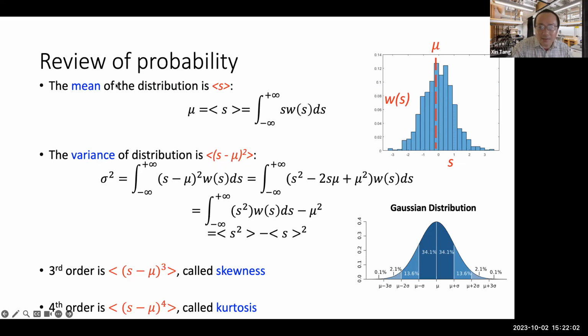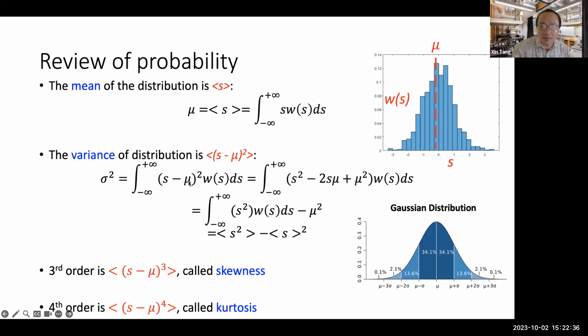And as we said, s will not always be at the mean. It is just most probably at the mean point. It also varies above or below the mean, right? That is quantified by the variance, and that variance is mathematically defined as s minus the mean, and then take the square, because it can be positive or negative and you want to know the absolute variance.